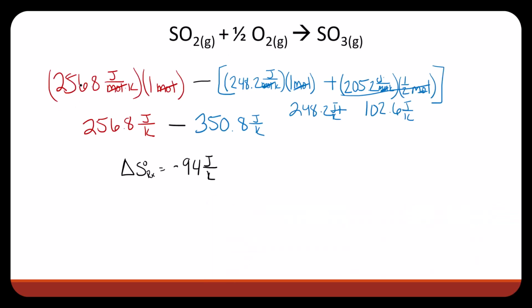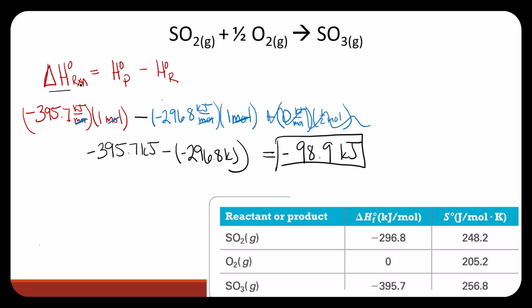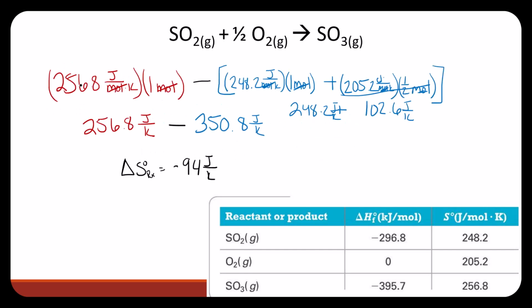The last thing that we need to do is determine the Gibbs free energy change for this reaction. And we're going to do that by taking the enthalpy minus temperature times the entropy values. Enthalpy we calculated 2 slides ago, and that was negative 98.9 kilojoules.